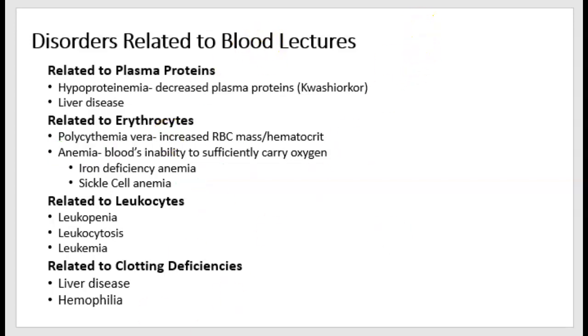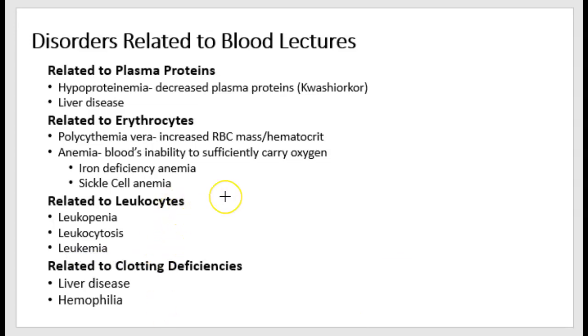Also, we looked at a couple of definitions, not seriously, but a little bit, related to disorders with leukocytes. We defined leukopenia, leukocytosis, and the disorder we discussed is leukemia, which is a bone marrow cancer.